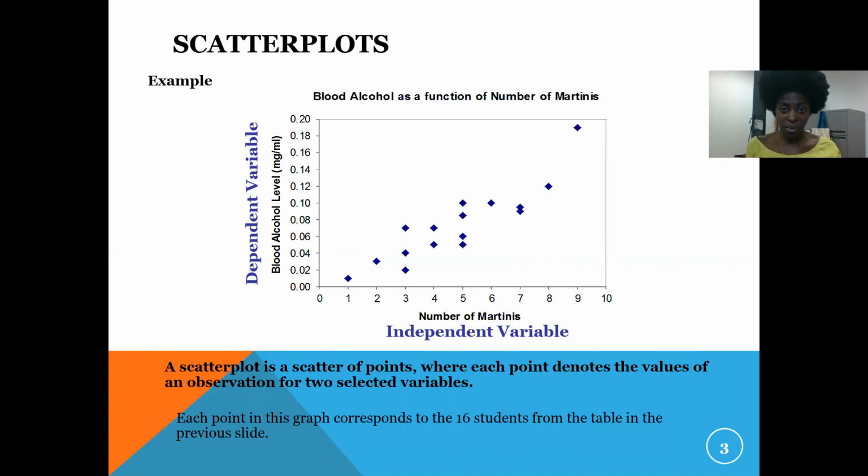One person had 0.05, another 0.06, another 0.08, another 0.1, right? So it varied. And then one other person had 9 martinis. We're not going to judge because that could very well be your professor with the 9 martinis, but she can hold it down even though her blood alcohol content is 0.19. So we can see that that table is represented here in this chart.